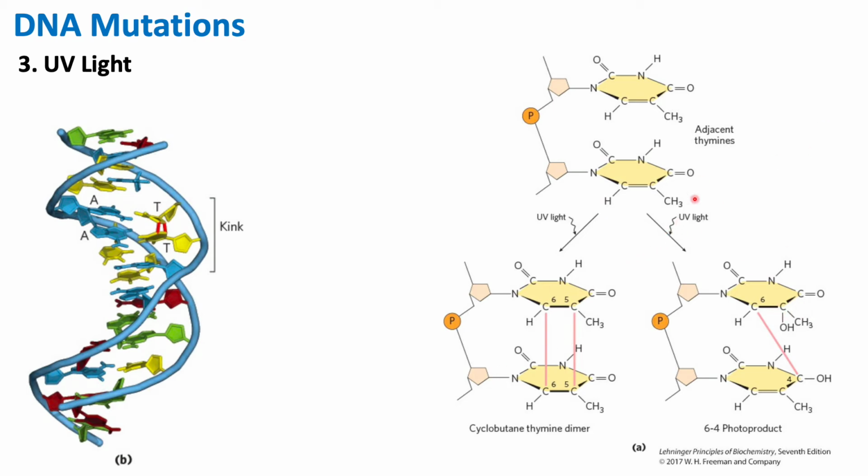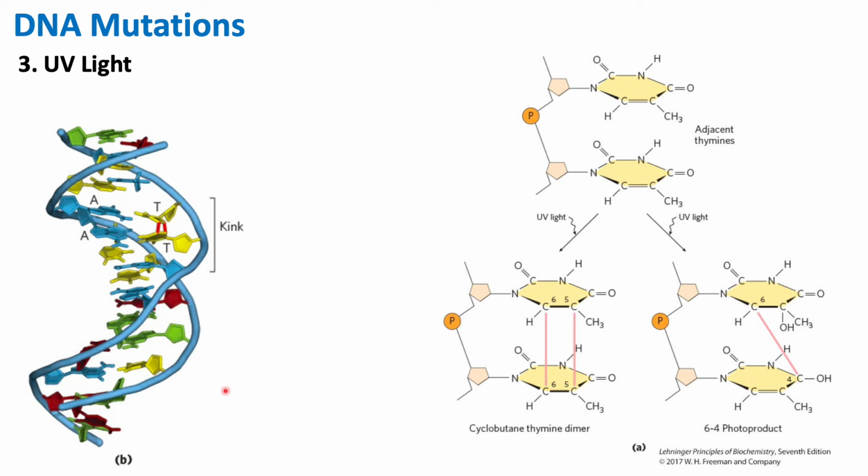We get 2 photoproducts, one being cyclobutane and a thymine dimer, and the other is a 6,4 photoproduct. So once again, we are changing the original format of our DNA to something completely different that isn't really a nucleotide. So we're going to get some mutations, and that's not beneficial towards our DNA.